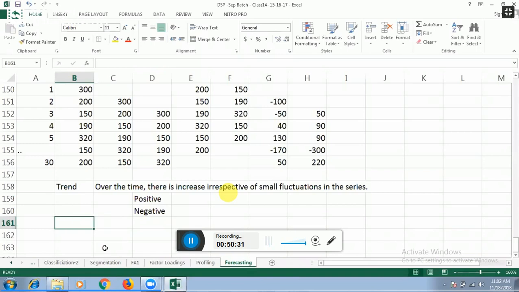The second thing is seasonality. What is seasonality? In particular time periods, you see there is high sales.